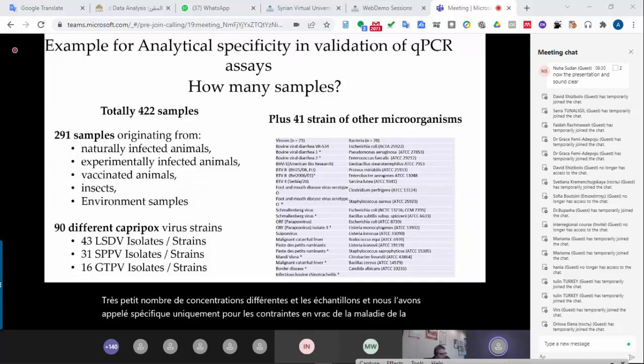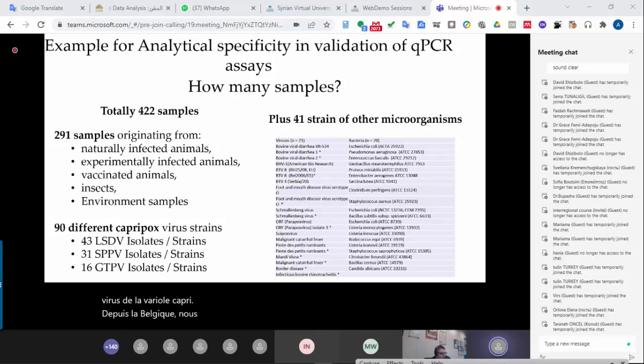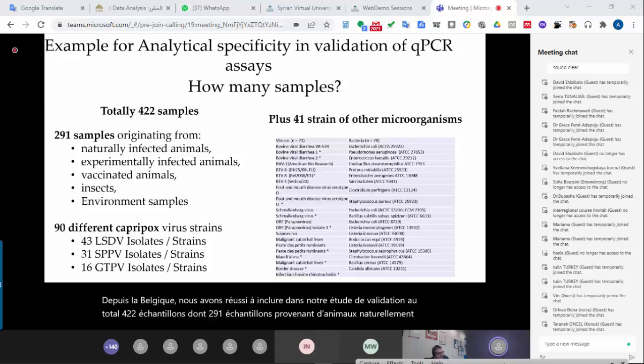But in later years, in cooperation with other laboratories and with the EU reference laboratory for Capripox viruses, Sciensano in Belgium, we managed to include in our validation study a total of 422 samples, of which 291 samples originated from naturally infected animals, experimentally infected animals, vaccinated animals, insects, and environmental samples.